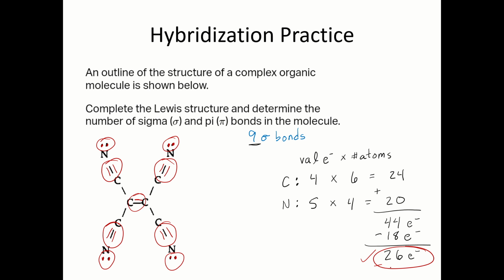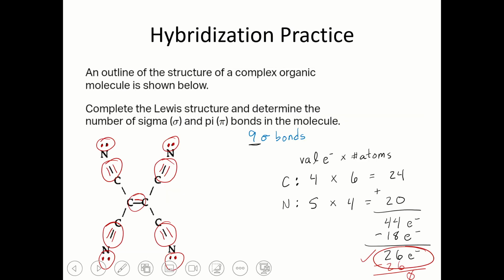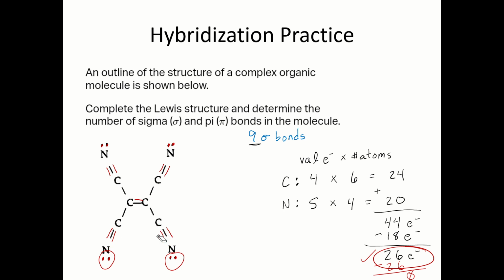So now I've used up all 26 remaining electrons, nothing left over. Everything is going to have a formal charge of 0 and be happy, because they are following this rule of 4 bonds for carbon and 3 bonds for nitrogen. So this would be my final Lewis structure here.